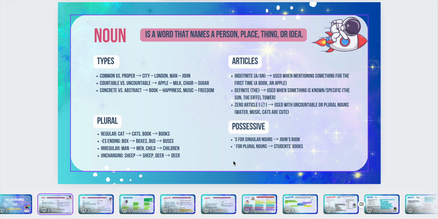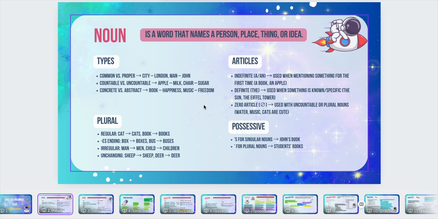Okay, so countable and uncountable, very good, we know. Also, we have different types like concrete and abstract. Hope it's understandable. Then we know that plural and singular exist, and there are different rules of plural form construction.